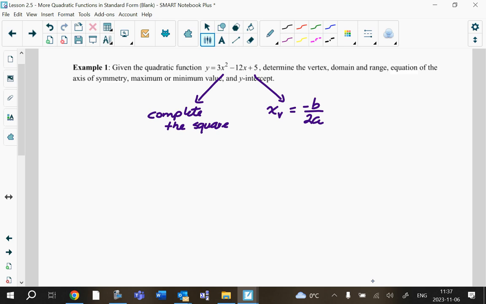Okay, so looking at the standard form, what's the value of A, the number in front of X squared? 3. What's the value of B, the number in front of X? Negative 12. Don't forget to take the sign. What's the value of C, the number at the end? But we actually don't need that.